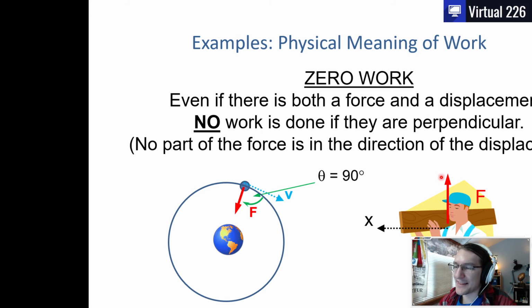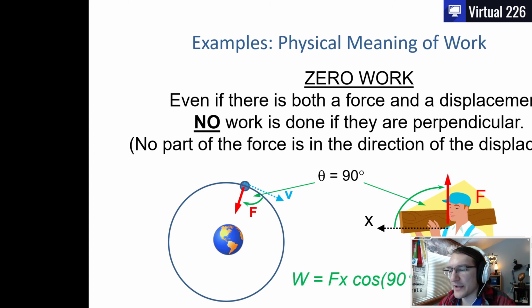This means that this force and displacement are perpendicular to one another. The angle's 90 degrees. And like we said, since this is work equals Fd cosine of theta, cosine of 90 by definition is 0, and anything multiplied by 0 is going to give us 0. So in this case, there's no work being done. So a lot of weird scenarios there to have no work being done, but that is how we define it.